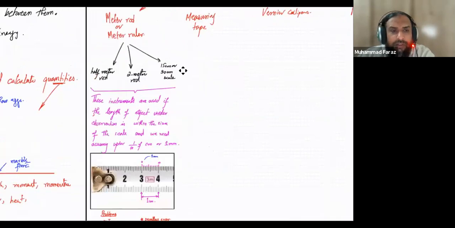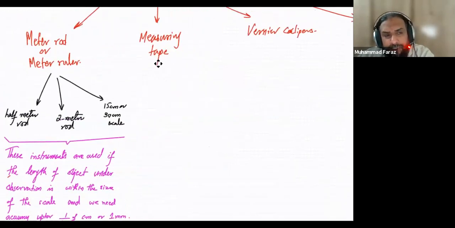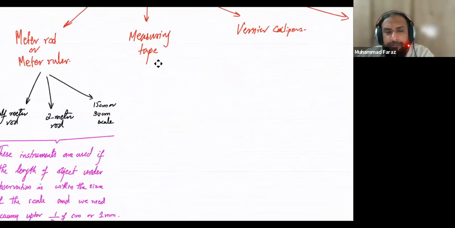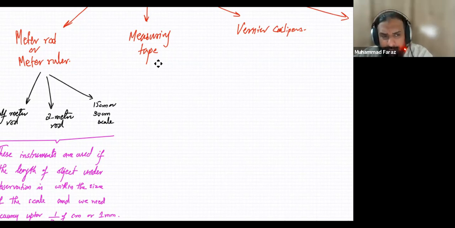Now, what is a measuring tape? Everything about the measuring tape is the same as we have done with the ruler. The only difference is that instead of measuring things within 1 meter or half meter or 2 meters, a measuring tape is a very long thing, and it can measure long distances like the length of a room, height of a hall, or diameter of a log of wood.